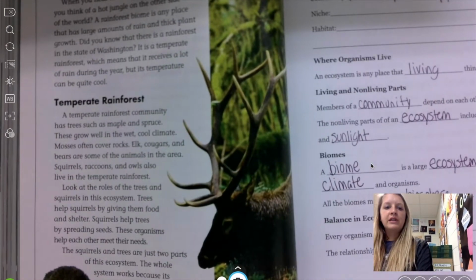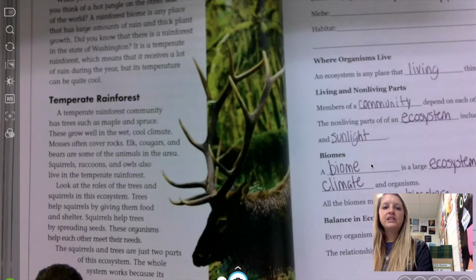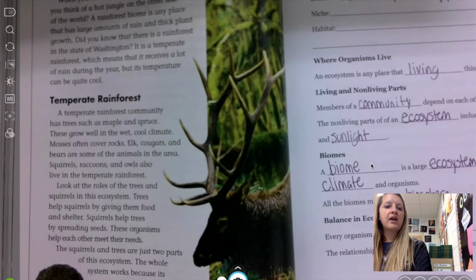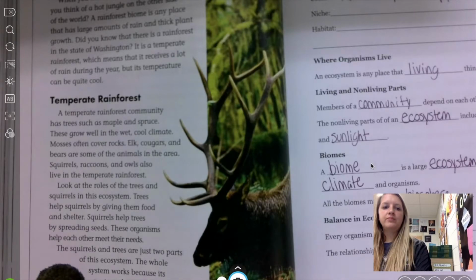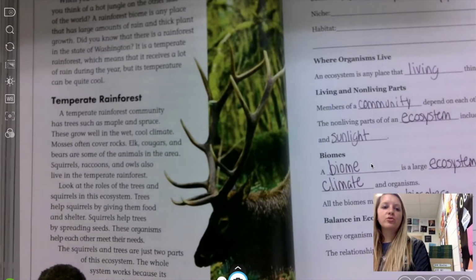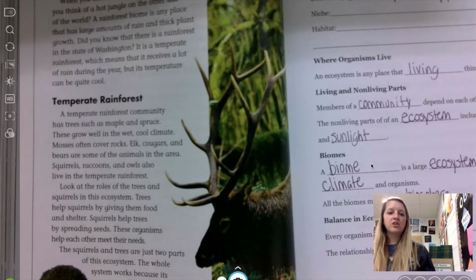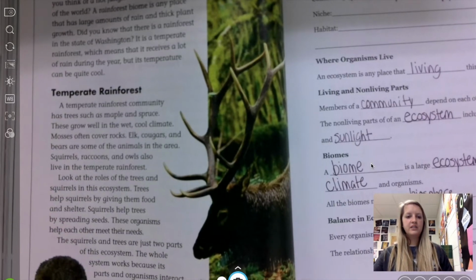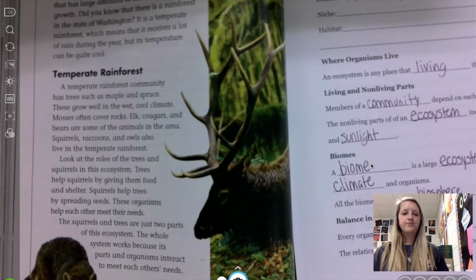A temperate rainforest community has trees such as maple and spruce. These grow well in the wet, cool climate. Mosses often cover rocks. Elk, cougars, and bears are some of the animals in the area. Squirrels, raccoons, and owls also live in the temperate rainforest. Look at the roles of the trees and squirrels in this ecosystem.